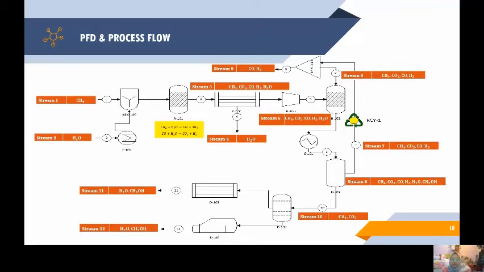So stream 10, which is the methanol, is fed into the methanol purification unit in order to further purify it so that 95% grade methanol can be obtained. So the water produced from the methanol purification unit will be sent to the wastewater treatment plant.